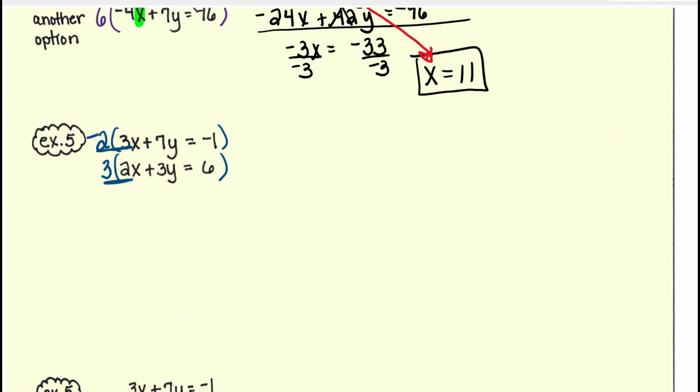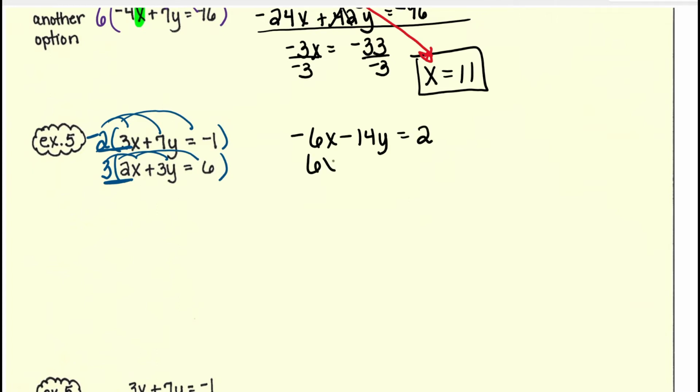So let's just put a negative on the top one. You could have done the bottom. It doesn't matter which equation you put it in. All right, let's distribute there. Distribute there. And so this is going to give me in the top equation negative 6x minus 14y is equal to 2.